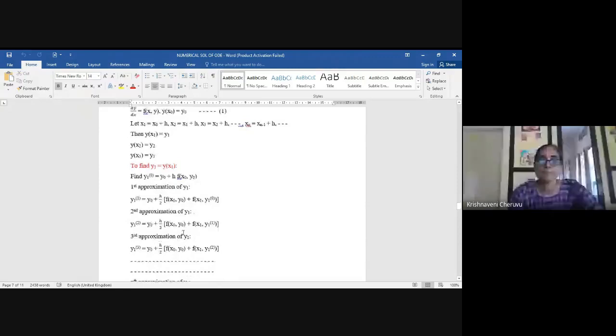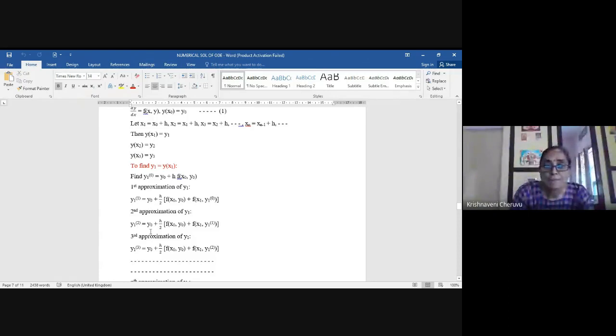Now see how to get the second approximation for y1. Again you are finding y1, which is y at x1. The second approximation is denoted by y1 bracket 2.